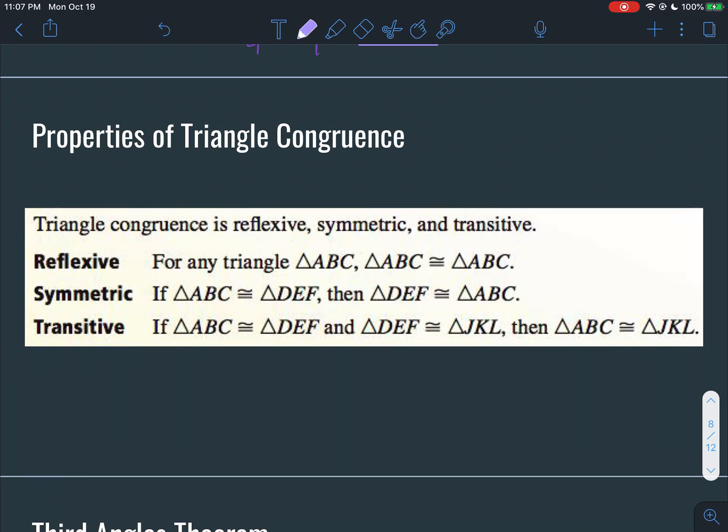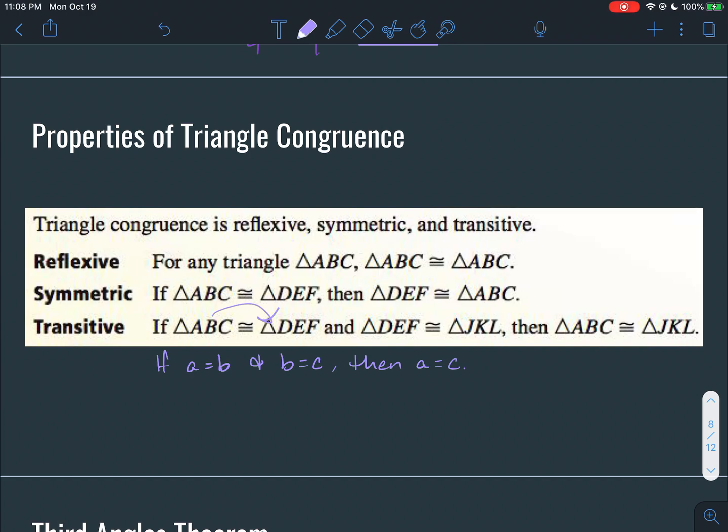So reflexive property means that triangles are congruent to themselves. The symmetric property means that you can flip the congruent statement. So if triangle ABC is congruent to triangle DEF, then DEF is congruent to ABC. And then the transitive property of equality says if A equals B and B equals C, then A equals C. And that's the same thing with triangle congruence.